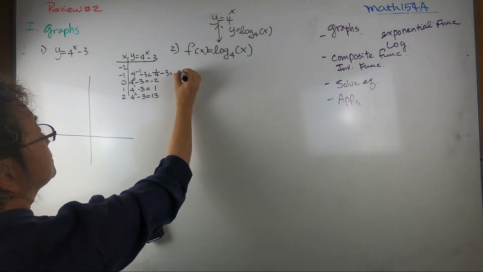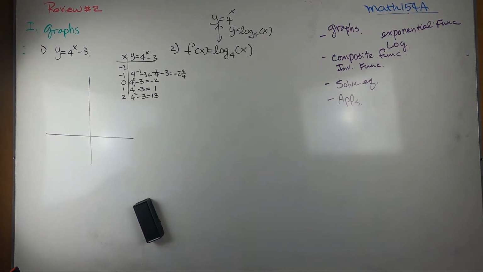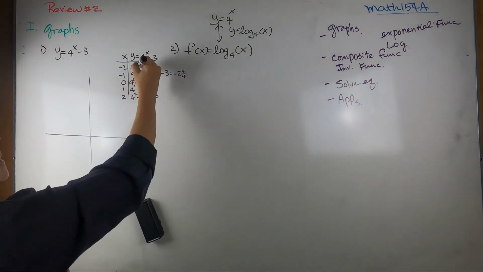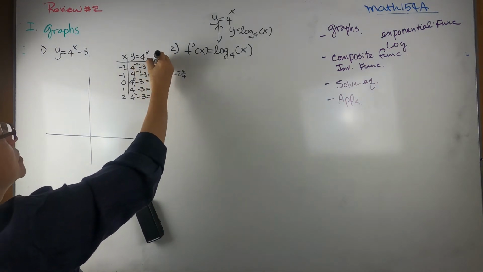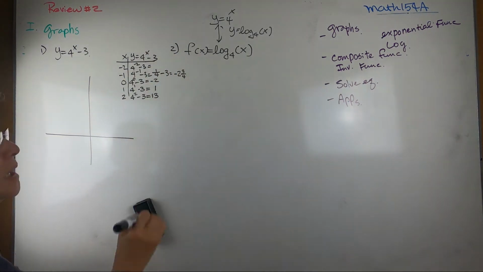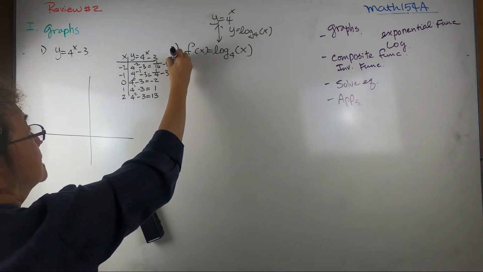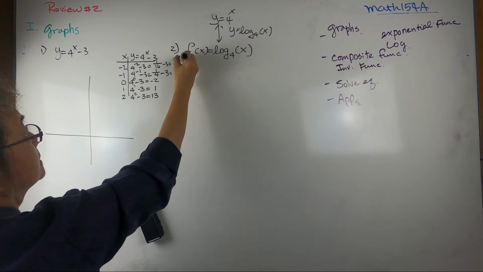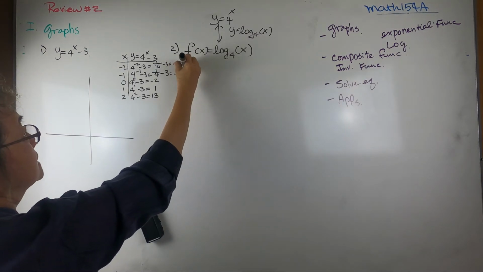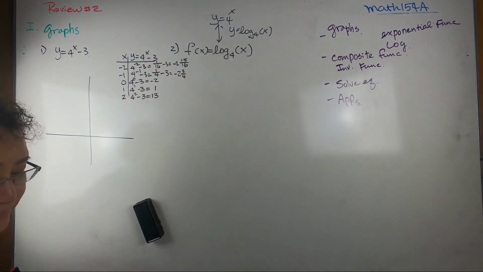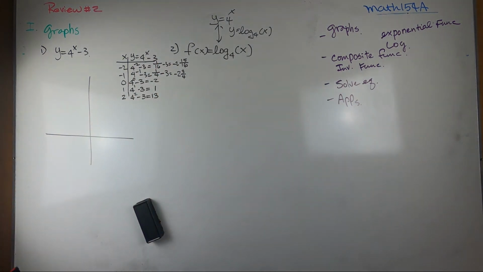Negative 2 3/4, right? Then 4 to the negative 2 power minus 3 is what? 4 to the second power is 16, so 1/16 minus 3 is what? Negative 2 15/16, right? Getting close to the negative 3, right?